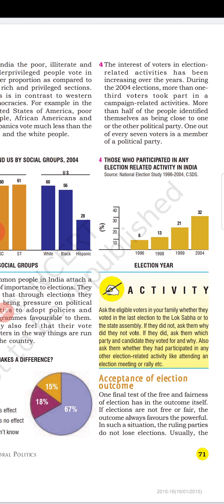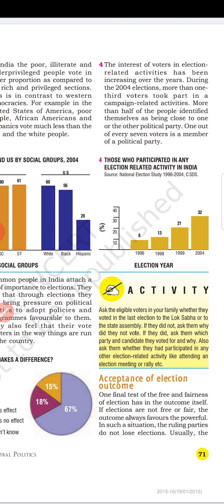So after 2004 election, the people's participation in election campaign has also increased, and their association with some political parties has also increased. Means either they became members of political parties, or workers of the political parties.